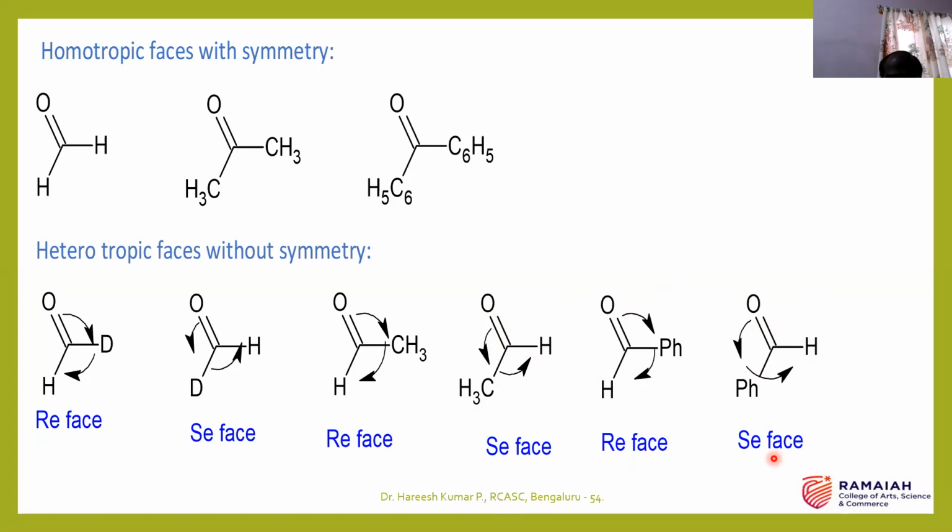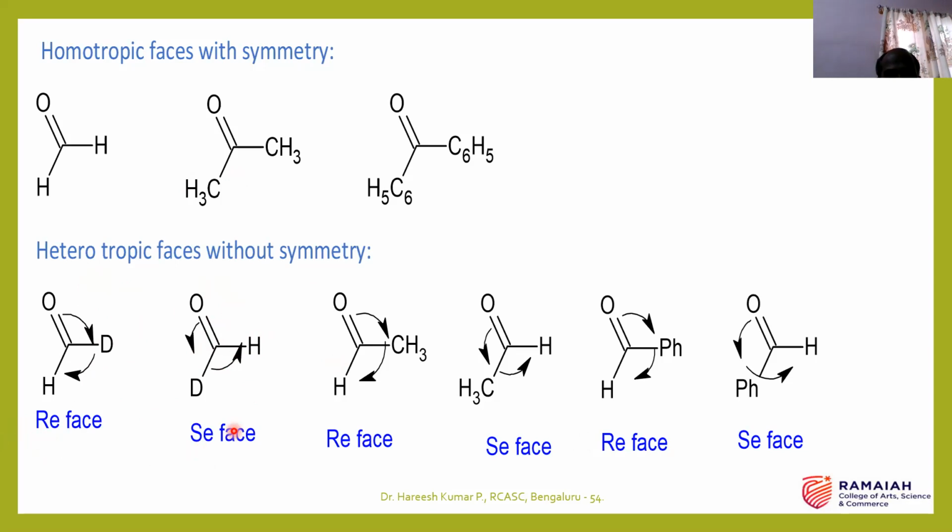Then you should be able to explain it. So what are heterotopic phases? Give an example. And how many phases are present in heterotopic? Then you have to take examples like this. You have to mention that in heterotopic phases, two phases are there, Re phase and Si phase. That's what you have to explain.